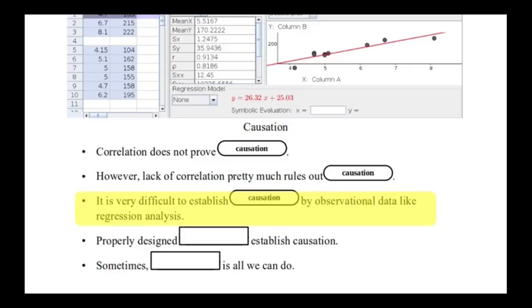Remember, this is classical statistics, and this is exactly what you'd expect in a classical statistics setting. Of course, we know that there's also Bayesian statistics. A properly designed experiment is used to establish causation, although sometimes even a classical statistician will acknowledge that observation is the best that we can do.